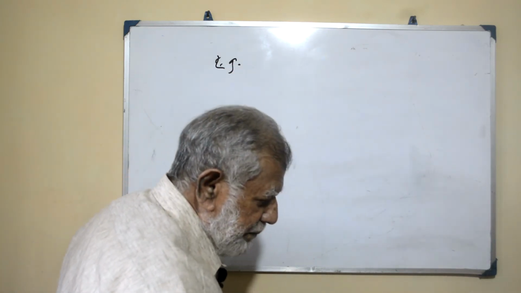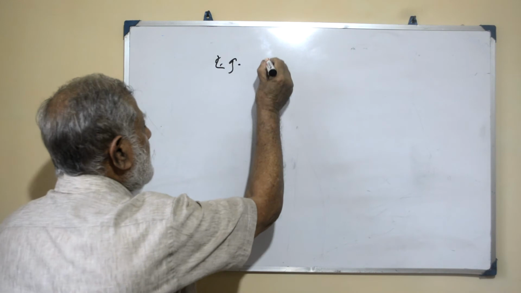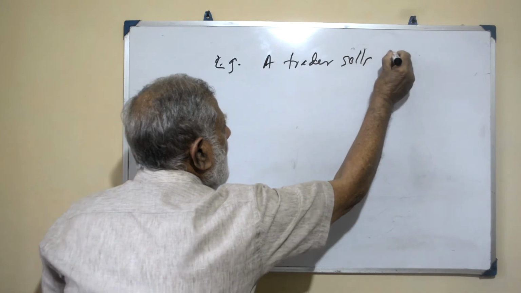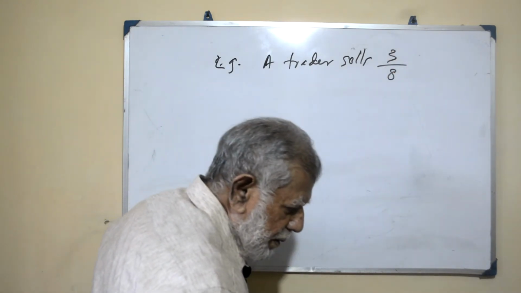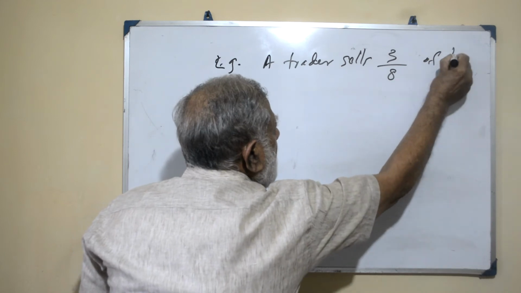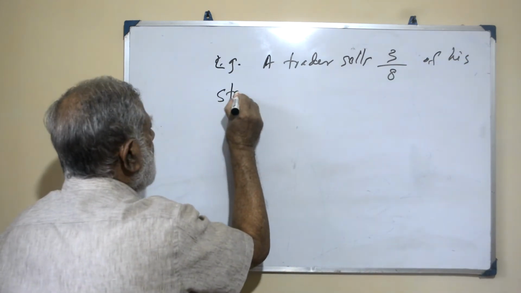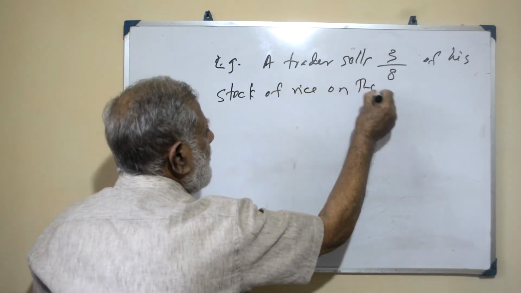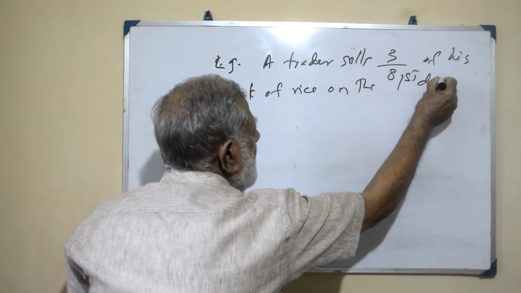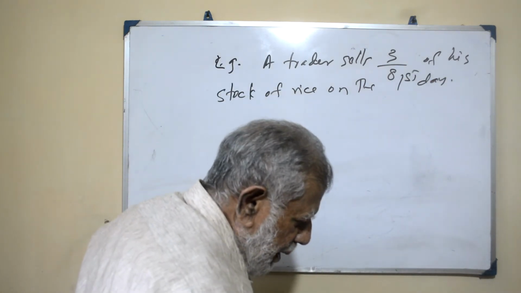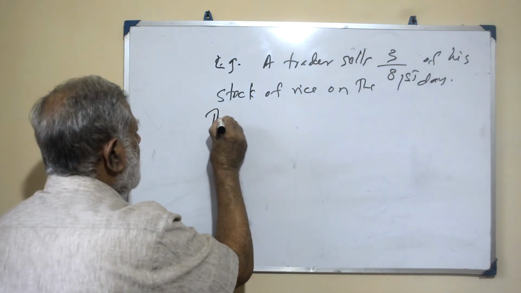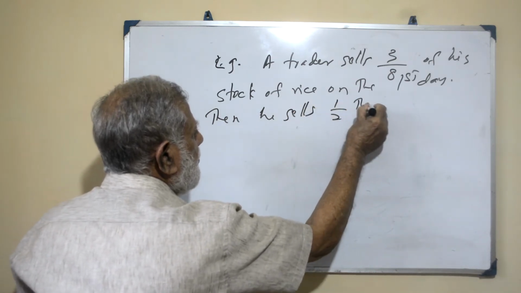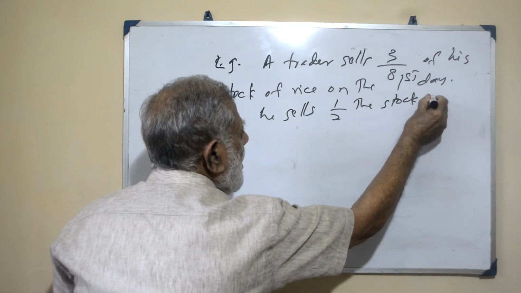A trader sells 3/8 of his stock of rice on the first day, and then he sells half the stock on the second day.